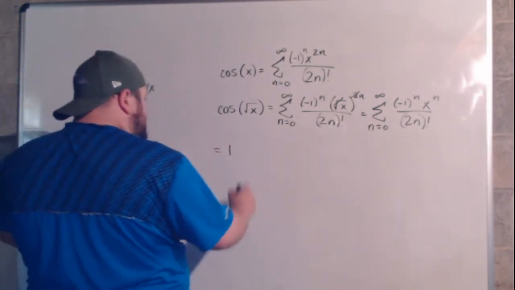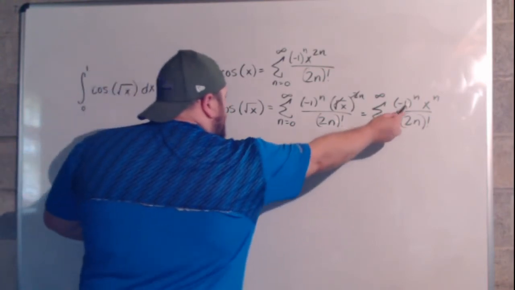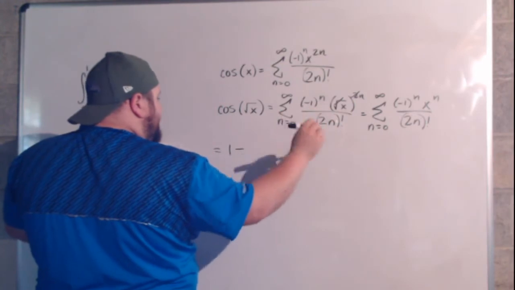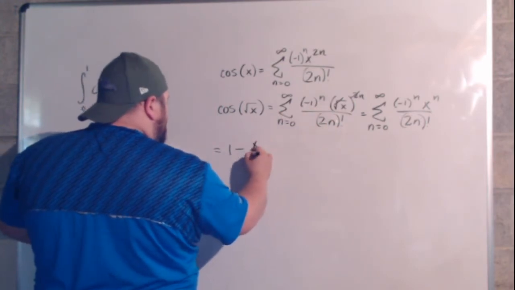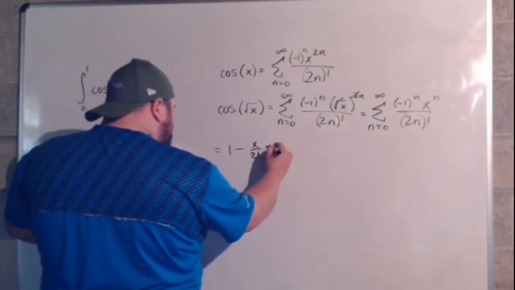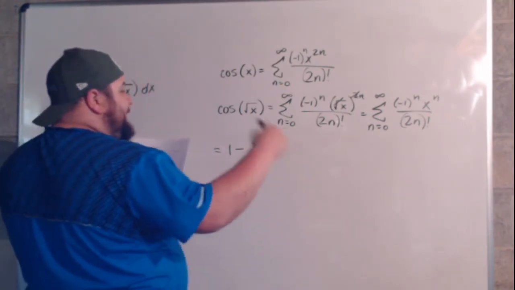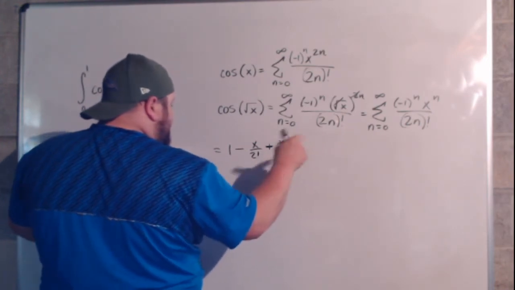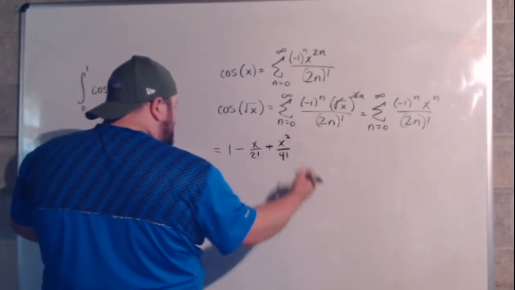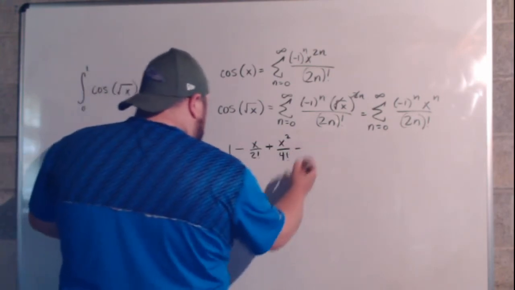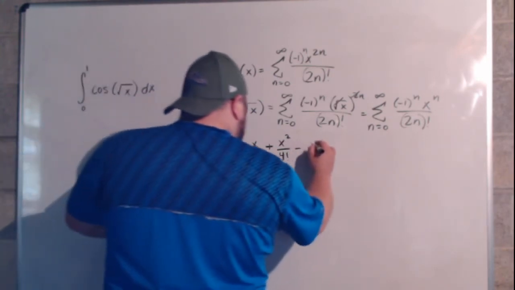Then n equal 1 is going to give us a negative x over 2 factorial. Next one's going to be plus x to the second over 4 factorial. And let me just write the next couple.